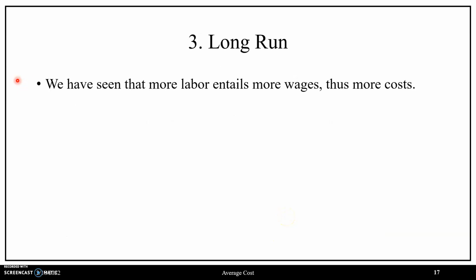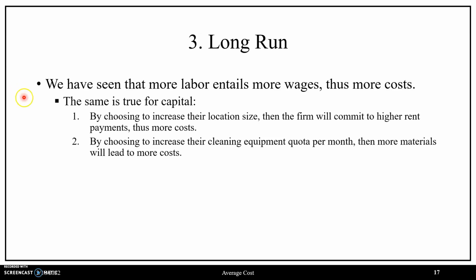So with this variable choice in capital now, we have seen that with variable labor, more labor entails more wages, thus more costs. The same will be true with capital, in that by choosing to increase their location size, the firm will have to commit to higher rent and will face more costs as a result. Likewise, if they choose to increase their cleaning equipment quota per month, more materials will lead to more costs.